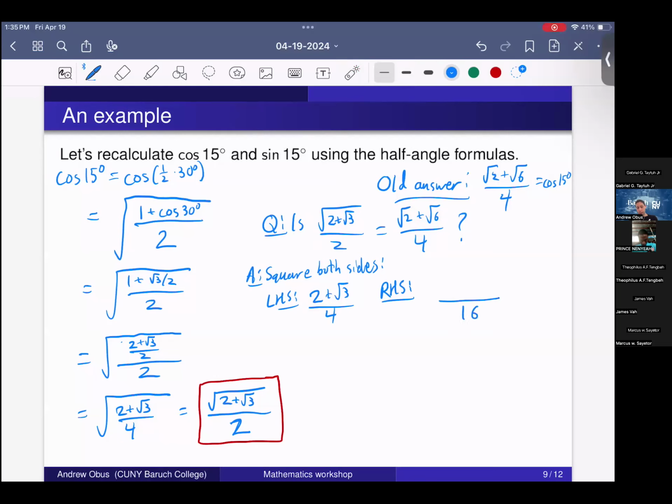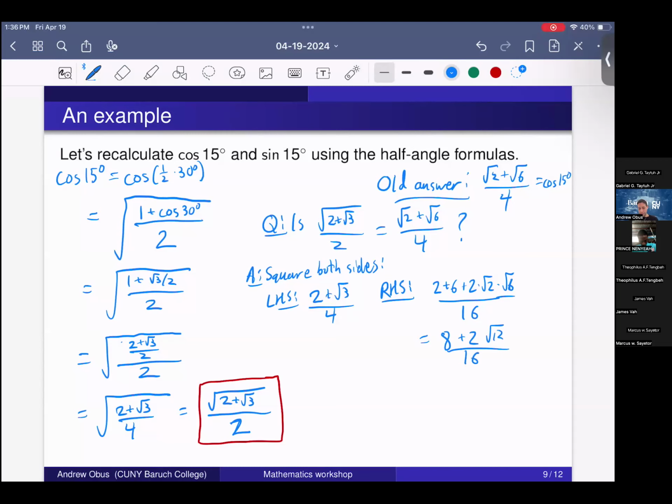Root 2 plus root 6 squared is going to be 2 plus 6 plus 2 times root 2 times root 6, divided by 16. In other words, this is 8 plus 2 times square root of 12 divided by 16.